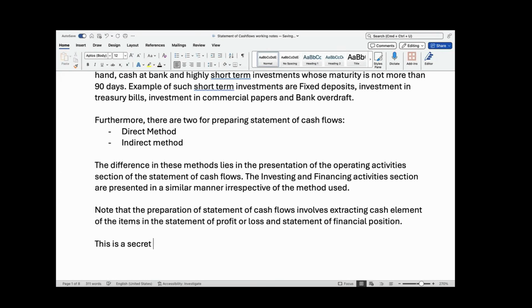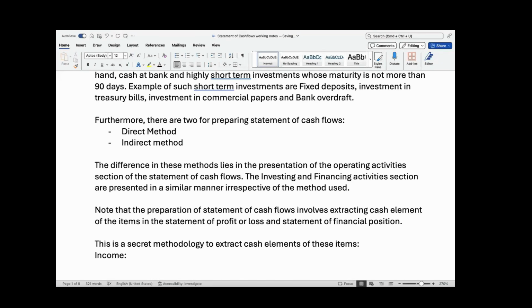So this is a secret methodology to extract cash elements from these items.